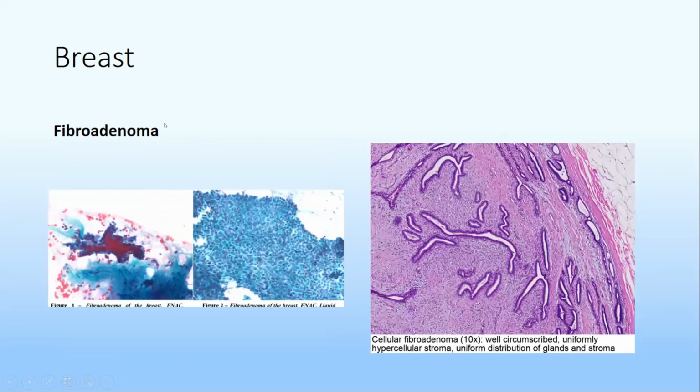Okay, this is from the breast. This is a typical benign-looking breast aspiration. Monolayered sheets, monomorphic, typical classical antlerless horn. This is what they look like in the solid tissue.